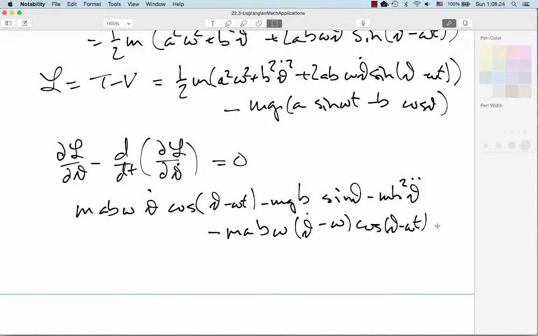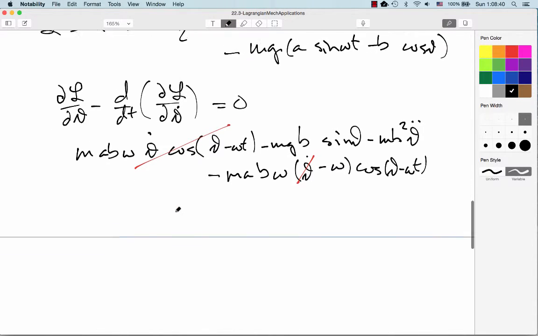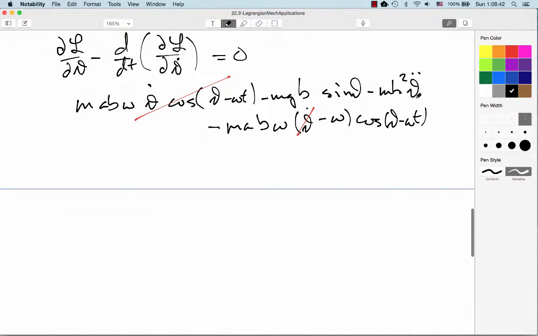There, that looks better. All right, well, for what it's worth anyway, this term here cancels that right there. Oops, I'm sorry, I forgot to write 0 equals, so we're left with 0 equals g.